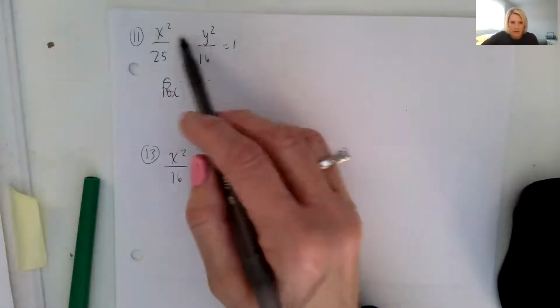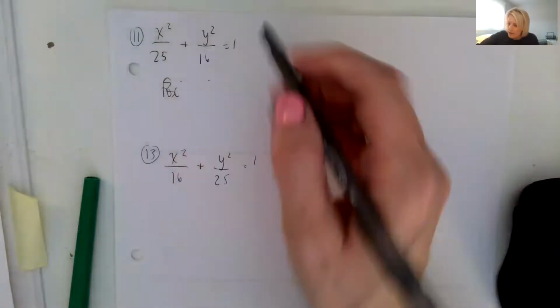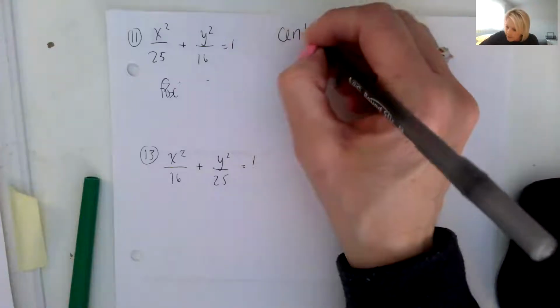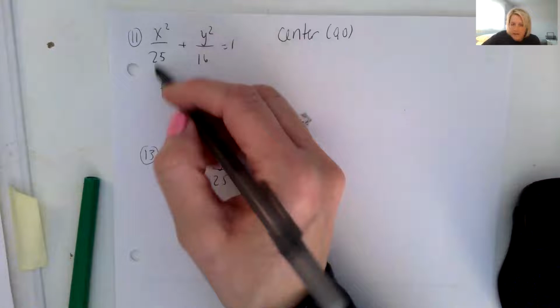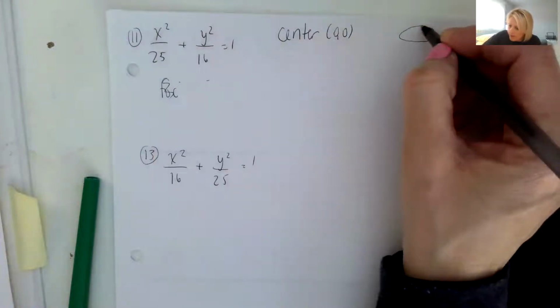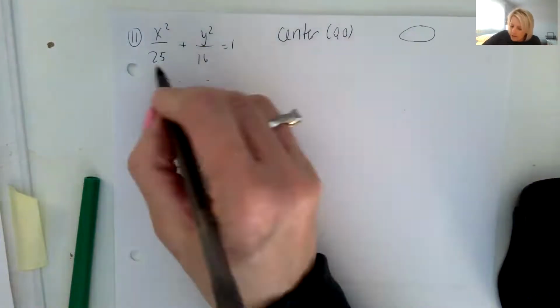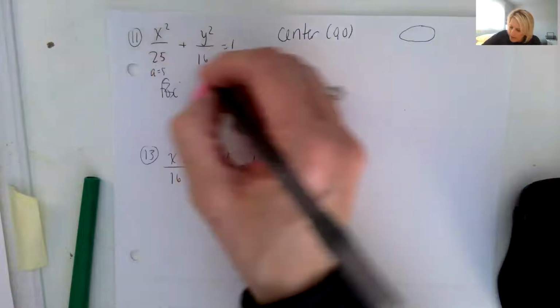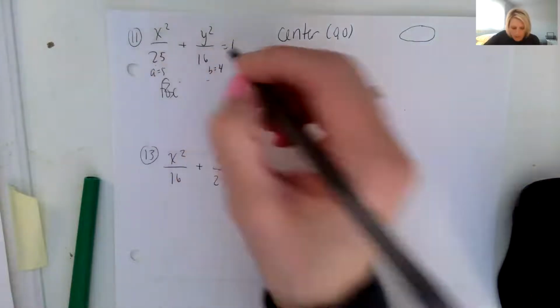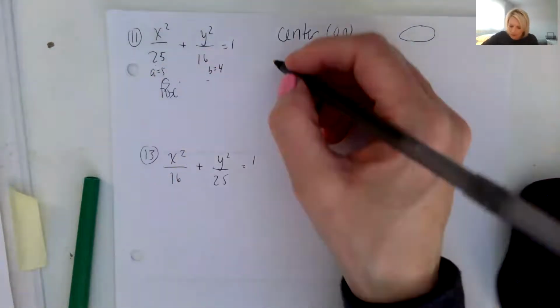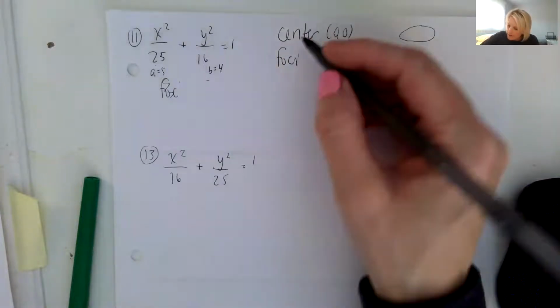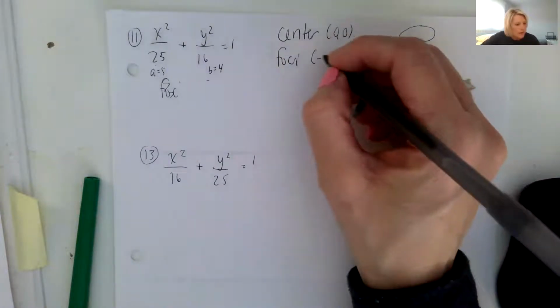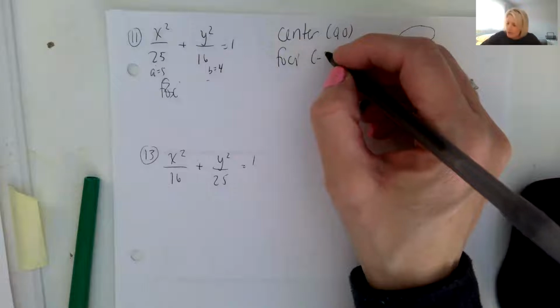So our center, you can tell because it's not subtracting anything within the x squared or the y squared. So our center is at 0, 0. And it's going to be elongated this way because A is under the x squared, the largest one. So A is 5 and B is 4. Okay, so the foci are going to be at the vertices.